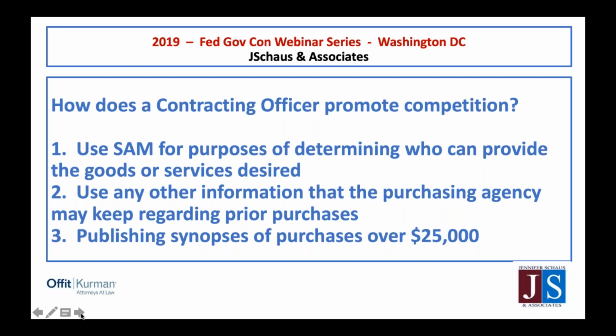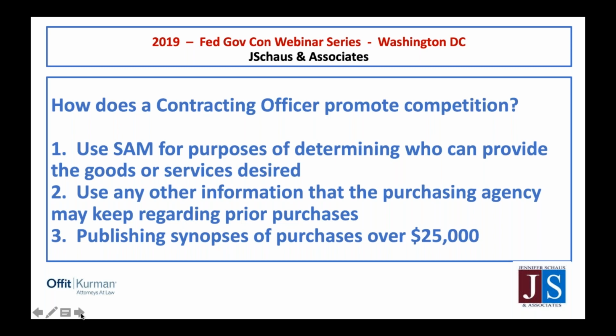They can also use any other information that the agency that the contracting officer works for might have available relative to the good or service that it is procuring. So this sort of allows the contracting officer to understand what was delivered previously, at what price, and by whom.